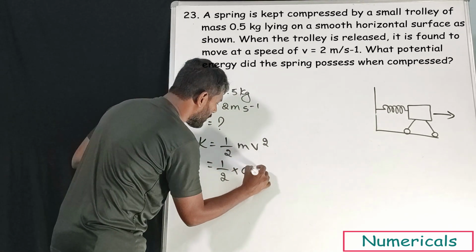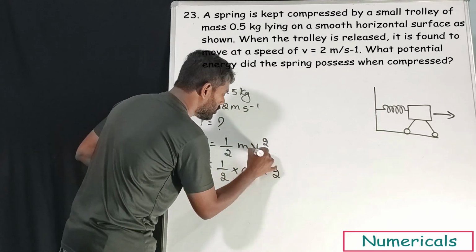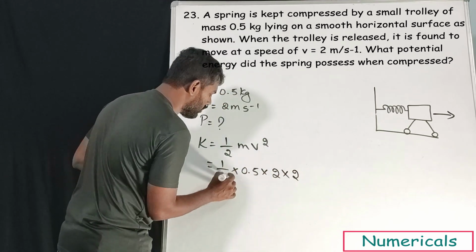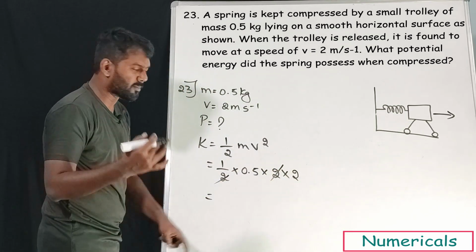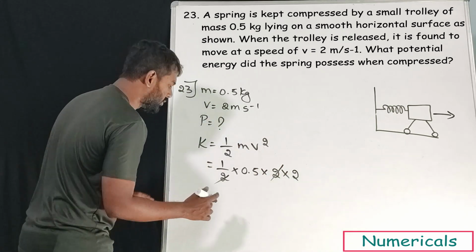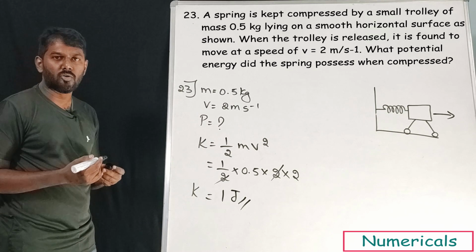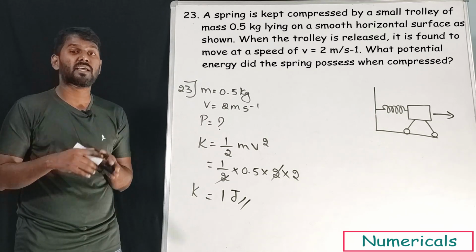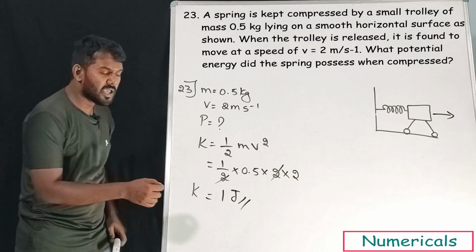Mass, that is 0.5, into velocity, that is 2 square, that is nothing but 2 into 2. 2 and 2 get cancelled. Whenever you multiply any number by 0.5, that becomes half of it. What is the half of 2? That is 1 joule. Finally, we can conclude that when the spring is released, potential energy is converted into kinetic energy.